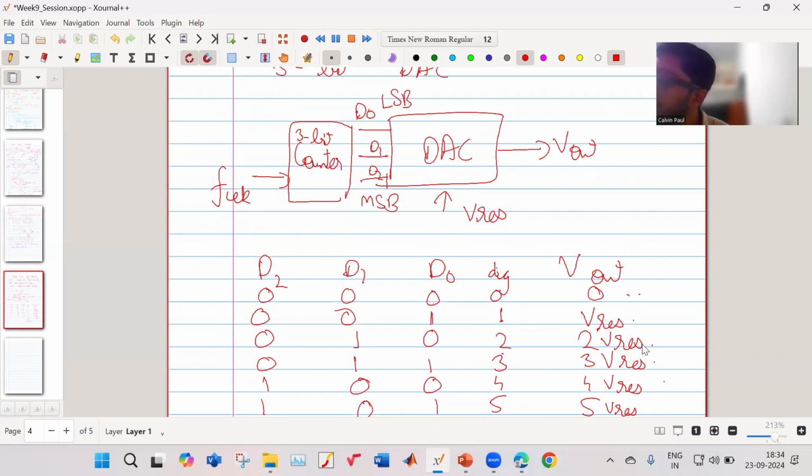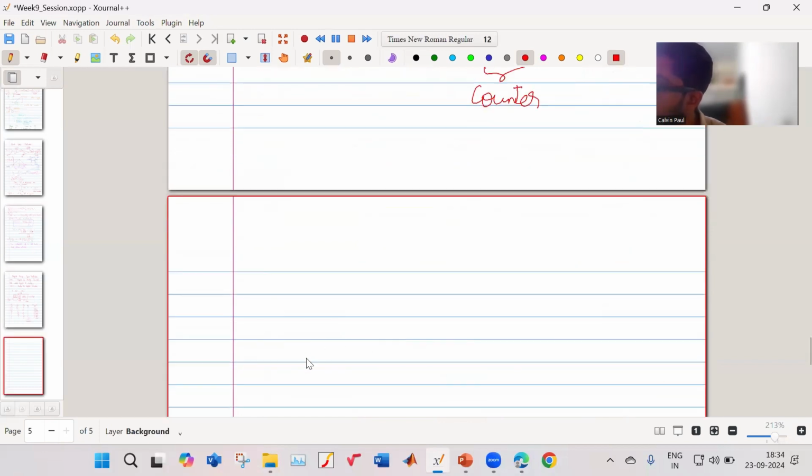So in this way, what kind of pattern can the DAC generate? It will generate this pattern: 0, 1, 2, 3, 4, 5, 6, 7. This all happens at the clock. Clock, another clock comes, clock.